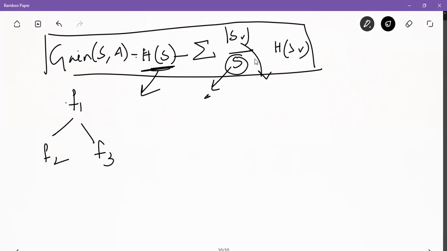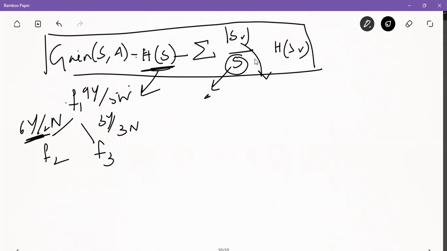And then let's say from the entropy, we got 9 positive and 5 negative. And here we got 6 positive and 2 negative, 3, 3. So the split is done, right? Okay.